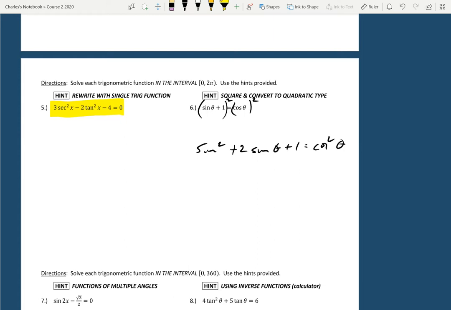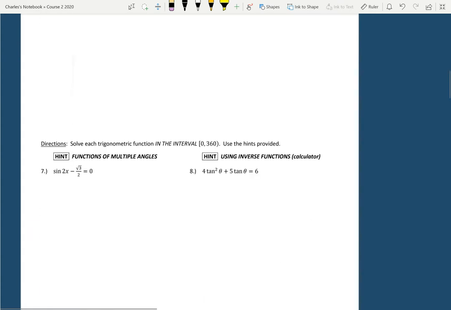And I don't know exactly where. Well, you could plug in sine squared plus cosine squared for 1. You could shift things around. I don't know how that one's going to work out, but what they're saying by square and convert to quadratic type is square both sides.